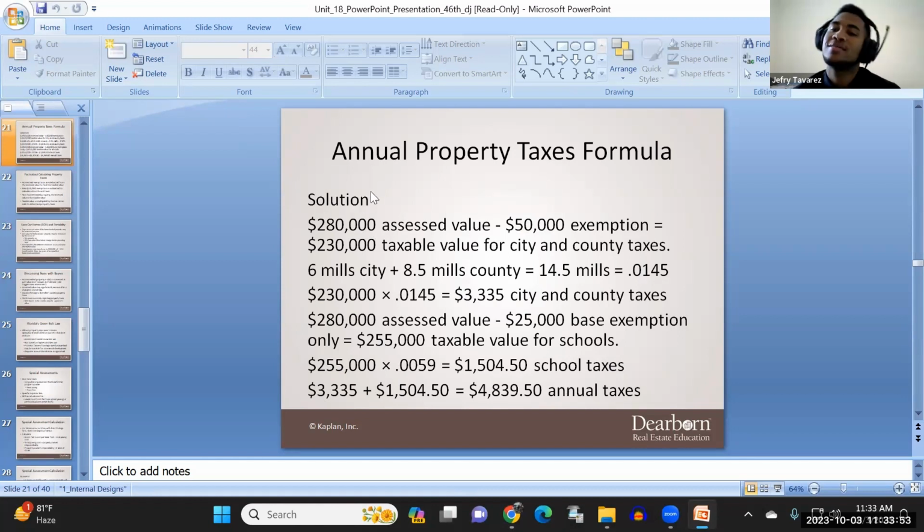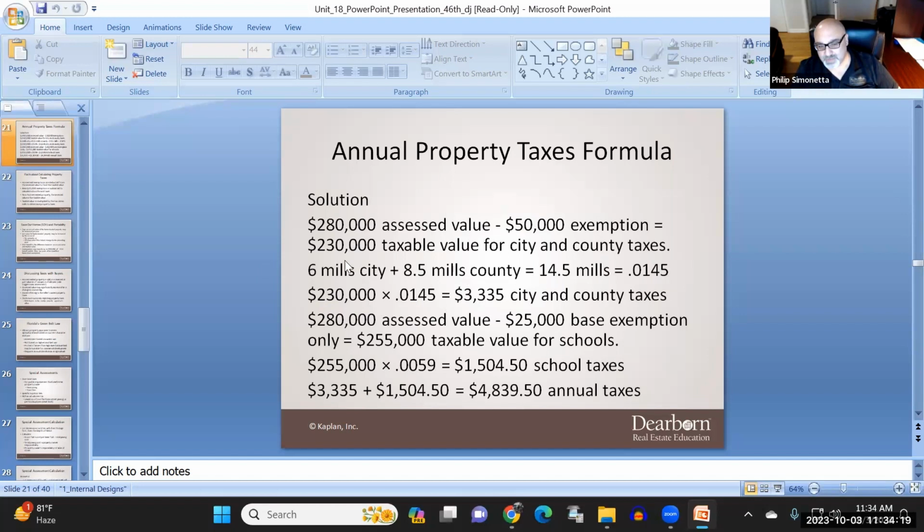So the solution: you have $280,000 assessed value minus the 50,000 exemption, which is 230 taxable for the city and county. City and county are together, so you can take the mills, the 6 and the 8.5, and add them together. It's 14.5. Then move the decimal 3 places: 1, 2, 3, 0.0145.